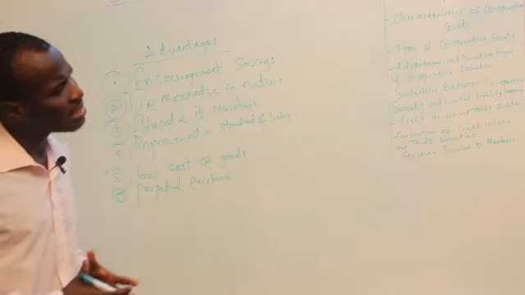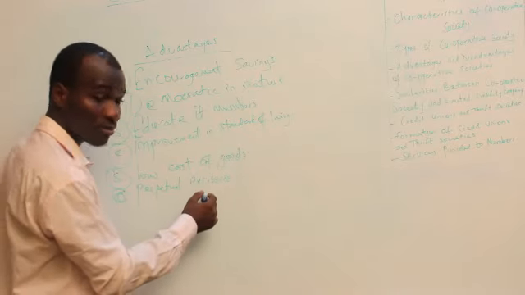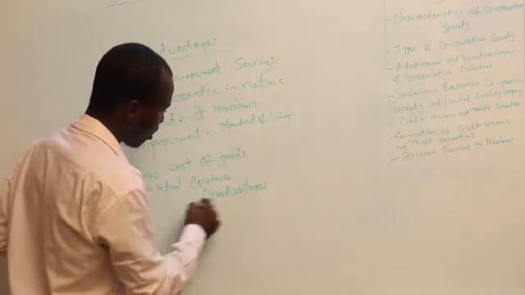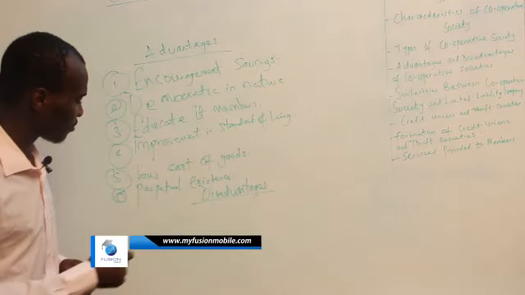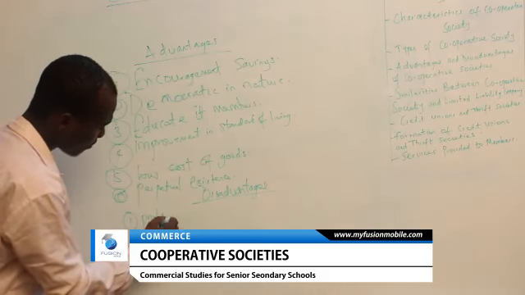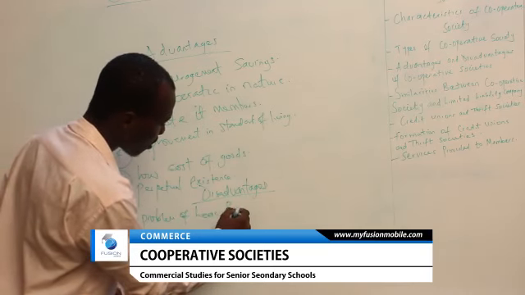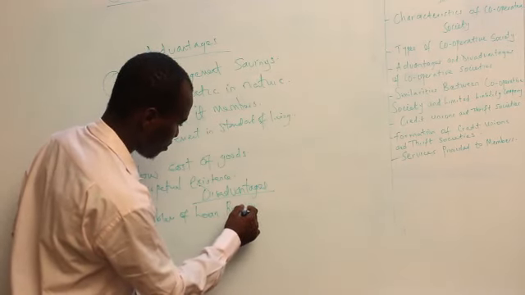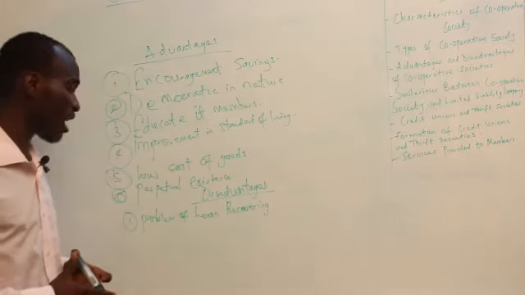Now you can also look at the disadvantages of the cooperative society. So we have the problem of loan recovery. This is one of the major problems of the cooperative society.